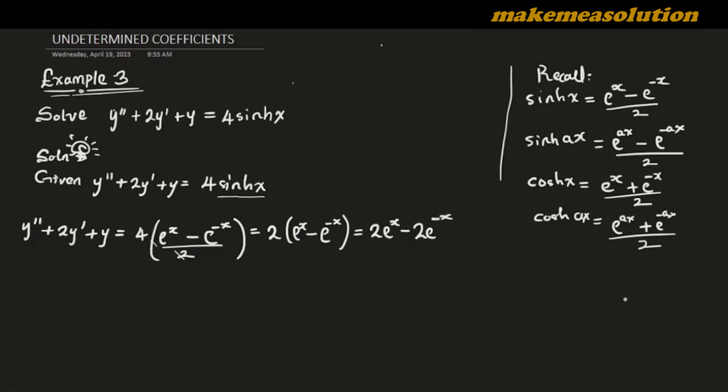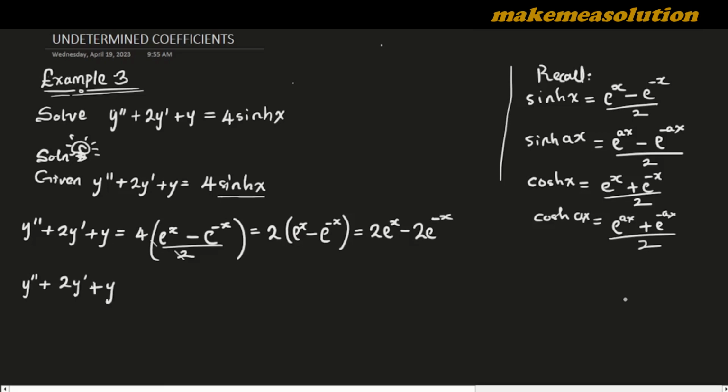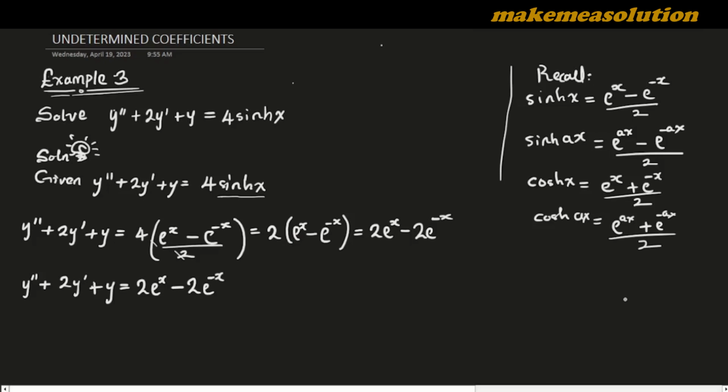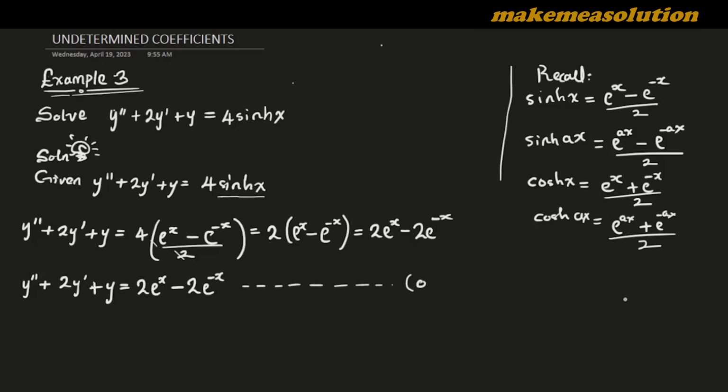So the differential equation now reduces to y prime prime plus 2y prime plus y is equal to 2 exponential x minus 2 exponential minus x. Okay, so this is our differential equation.